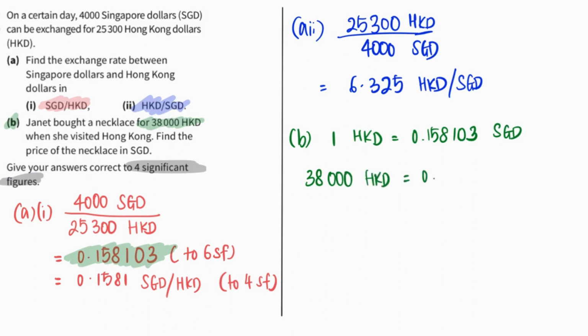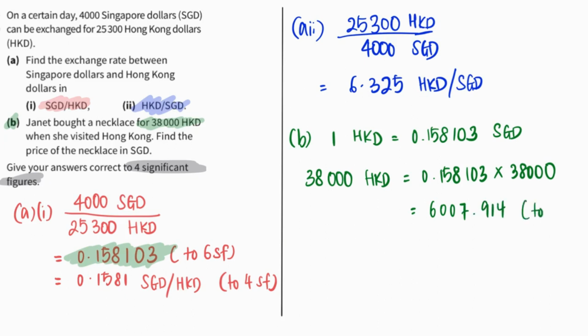That's why I am going to just multiply by 38,000 here to give me this answer. 0.158103 times 38,000, and I will get 6007.914.